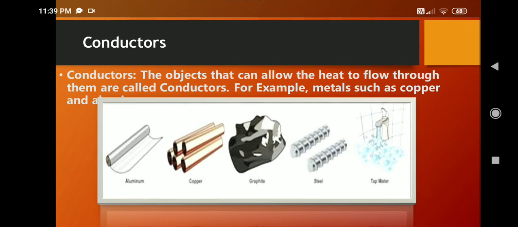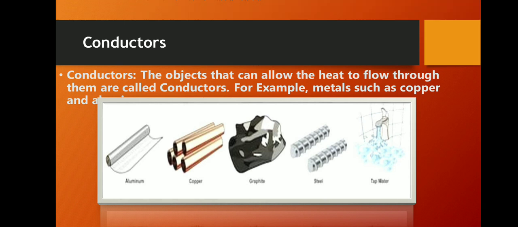Substances like wood, plastic, water, and air do not allow heat energy to flow through them and are called bad conductors. Got it? Wood, water, air do not allow heat energy to flow through them and are called bad conductors of heat.